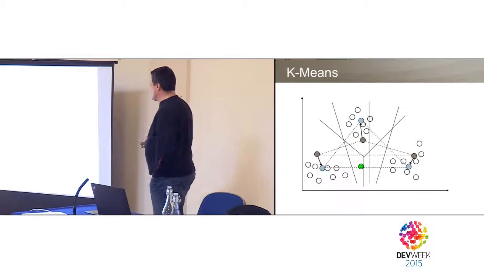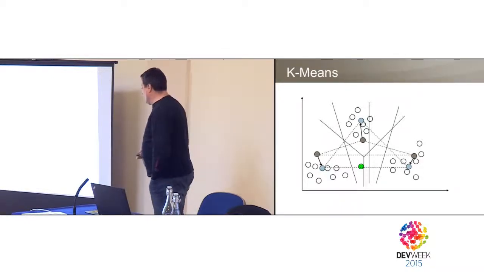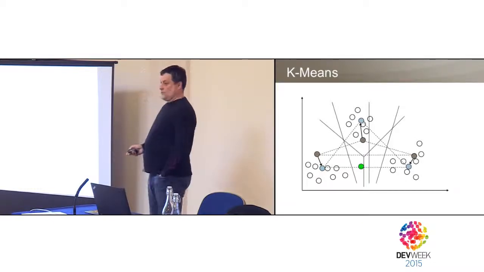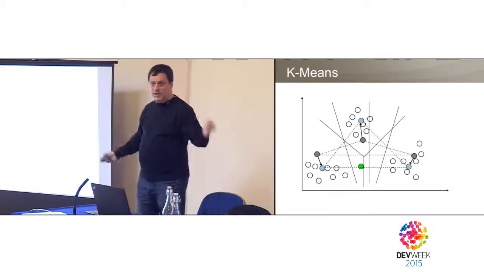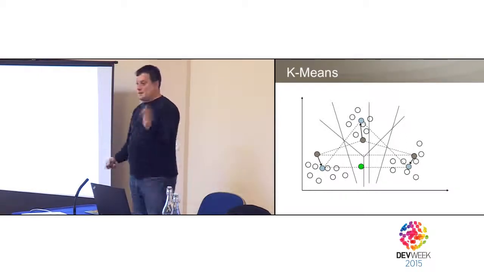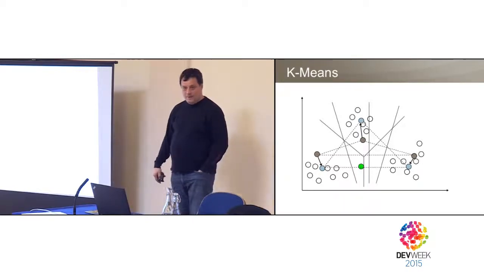But now I have clusters, so I can recalculate the means. And the centroids move. So when I recalculate the clusters, this green case is associated to the bottom left cluster. Now I recalculate the means, recalculate the clusters, and green case doesn't jump from cluster to cluster. So we are there, we are finished.